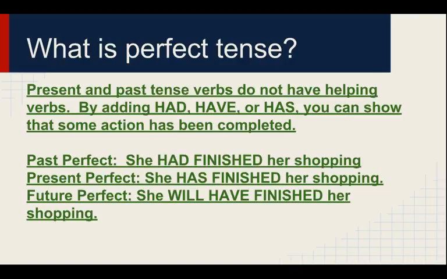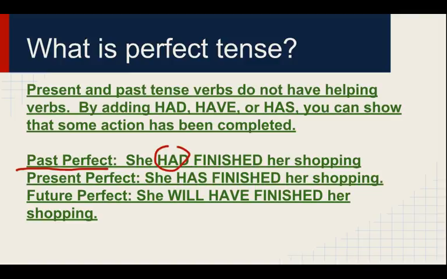Present and past tense verbs do not have helping verbs. By adding have, had, or has, you can show that some action has already been completed, so it's already finished. In past perfect tense, you add had, so she had finished her shopping.